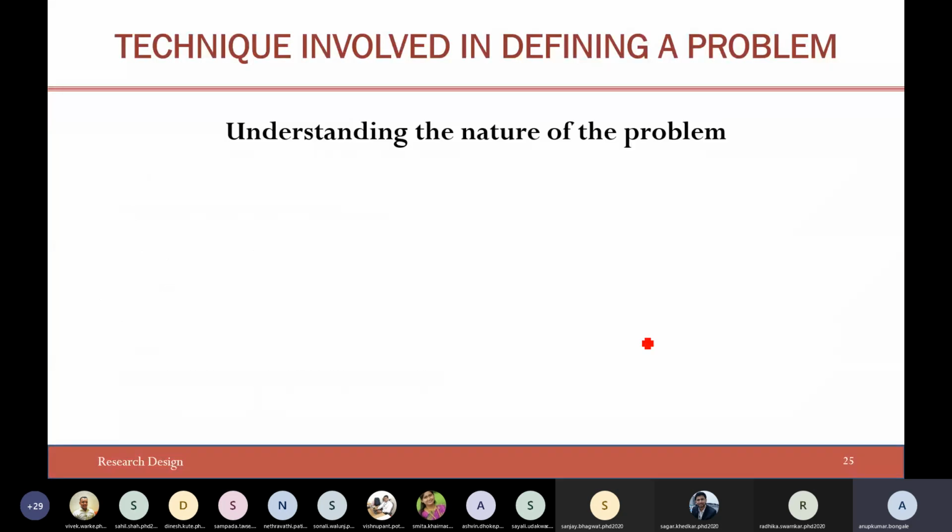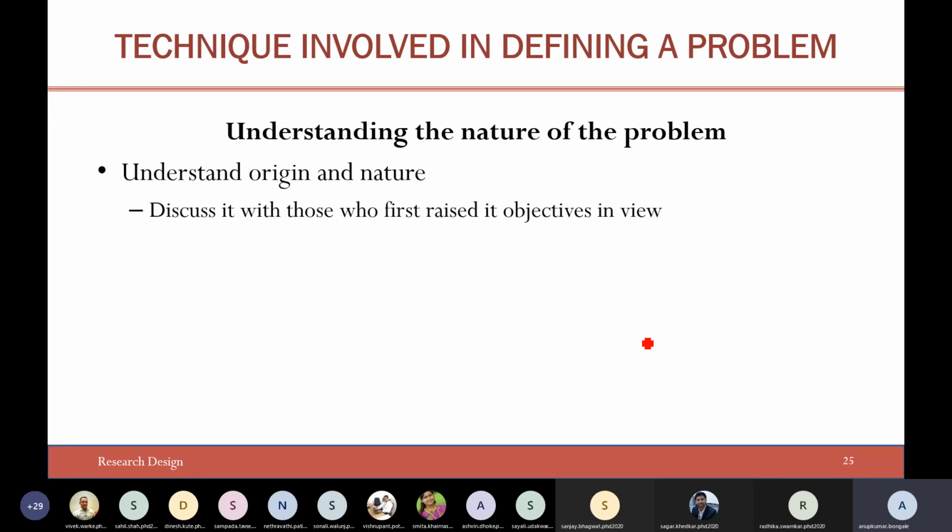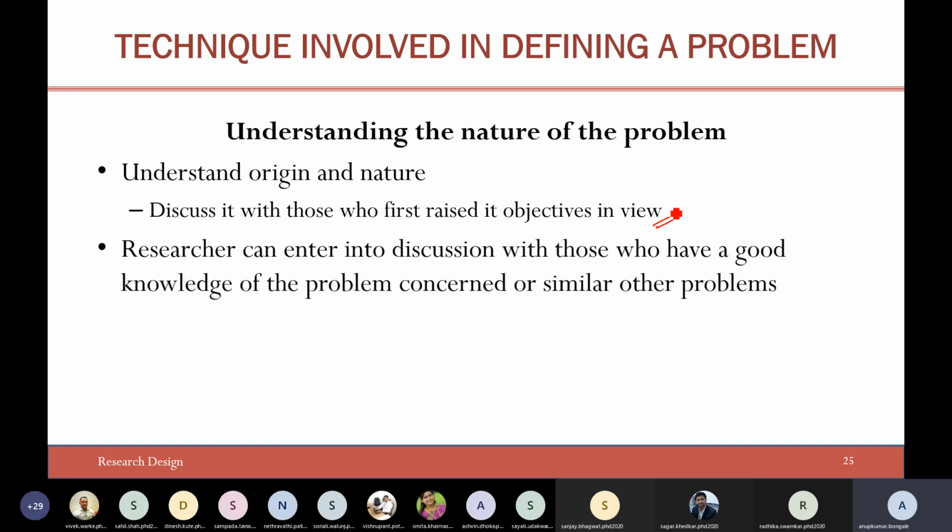Once you have cleared your thoughts about the broader area, understand the origin and the nature of the problem. Discuss it with those who first raised the objectives in view. In other words, try to identify the source of the problem, from whom it originated. The researcher can enter into discussion with those who have good knowledge.